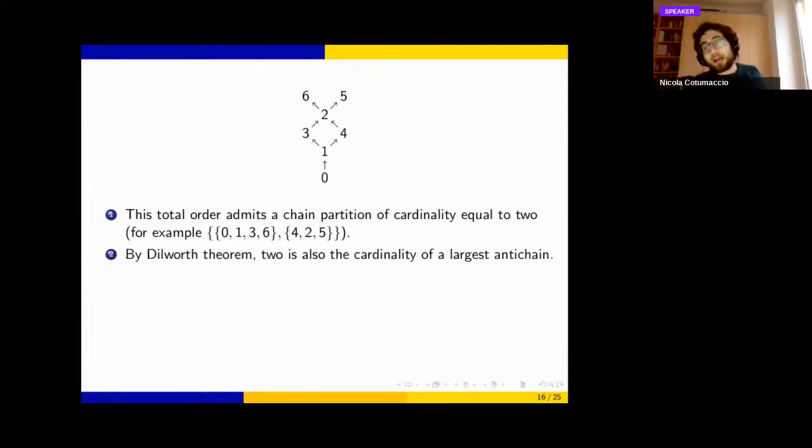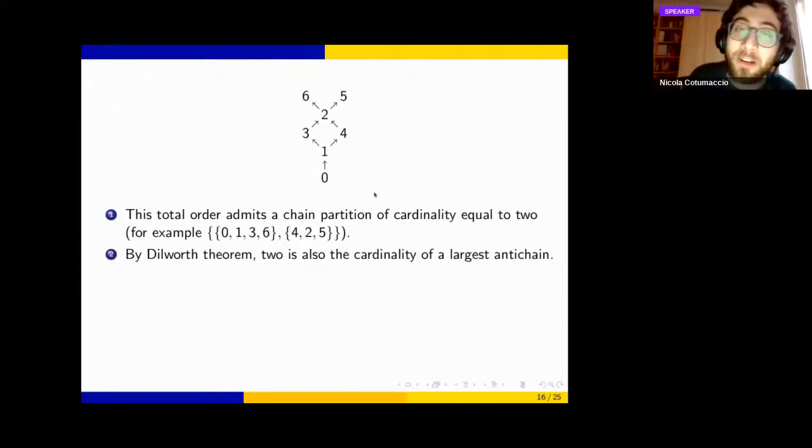And there is a well-known theorem, Dilworth's theorem, stating that the cardinality of a minimum size partition into totally ordered sets is equal to the cardinality of a largest anti-chain in the partial order. An anti-chain is simply a subset of elements such that every two elements in the subset are not comparable.